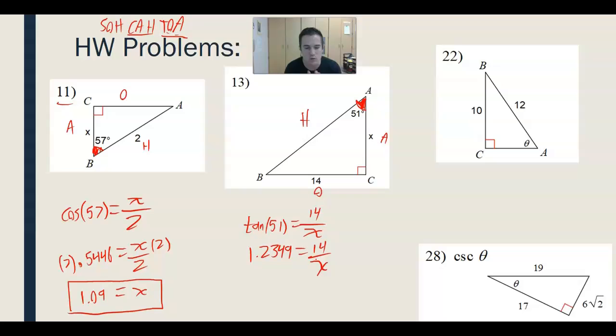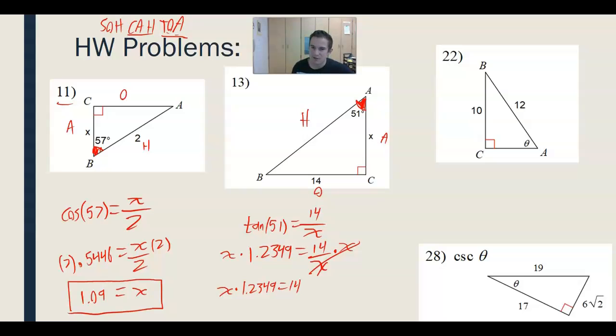So notice right here, we're tempted to just be like, multiply by 14 on both sides. But notice right here, I'm taking 14 divided by x. I don't like that. So I need to get x out of the bottom. I don't like x in the denominator of a fraction. So I'm going to multiply by x on both sides. So I'll have x times 1.2349 equals 14. That's better. I like x in the top.